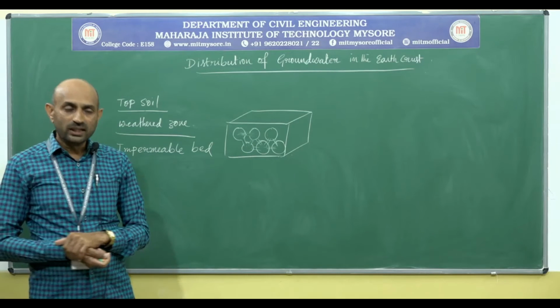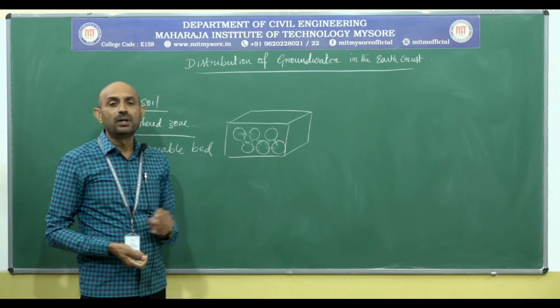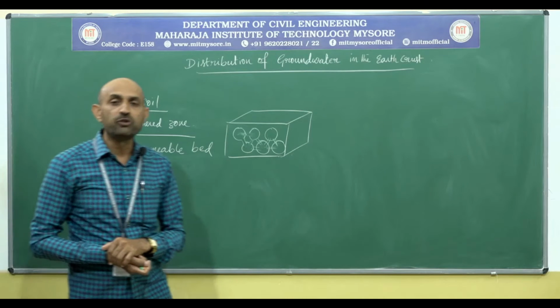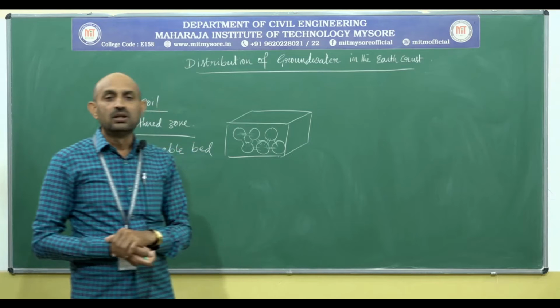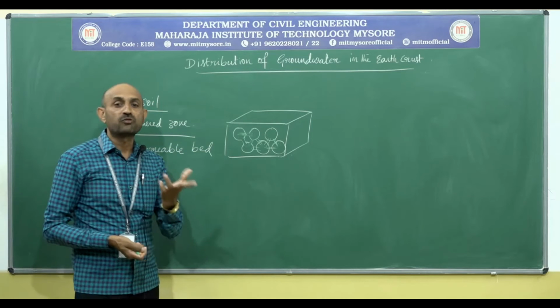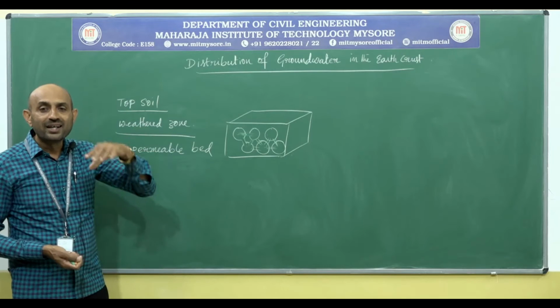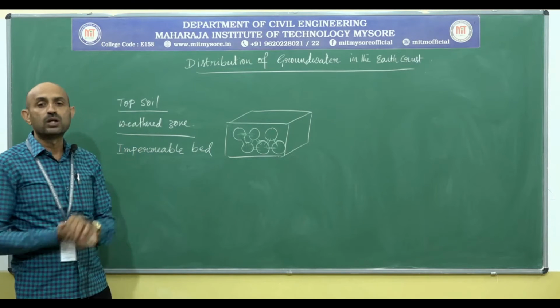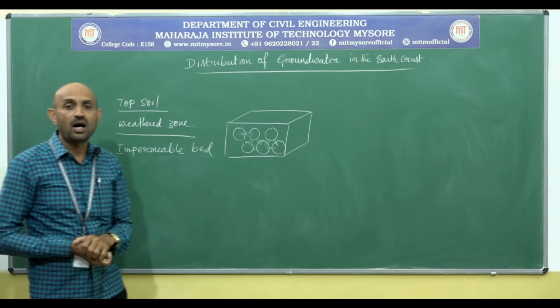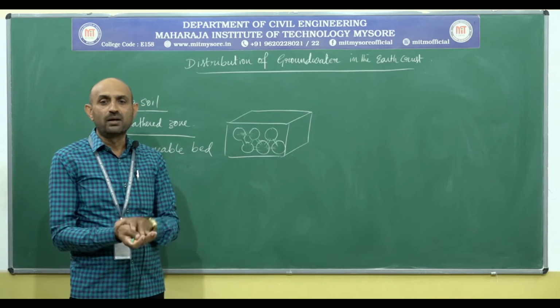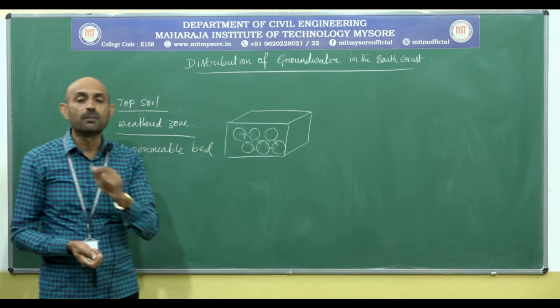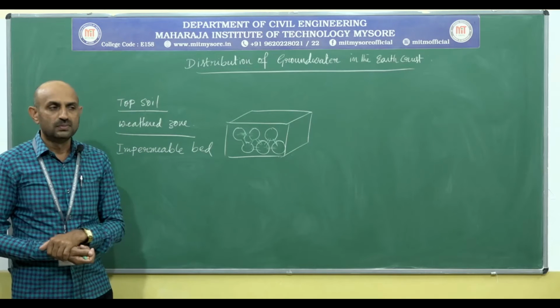The groundwater is available up to 750 meters depth from the surface of the earth, below which it decreases in amount because the rocks are well compacted by pressure due to overburden material.